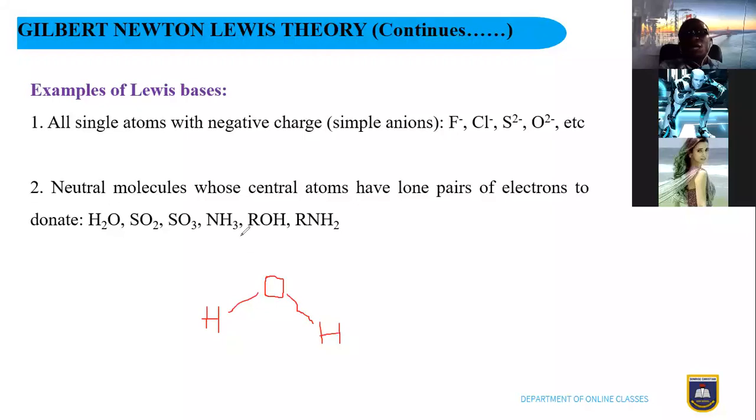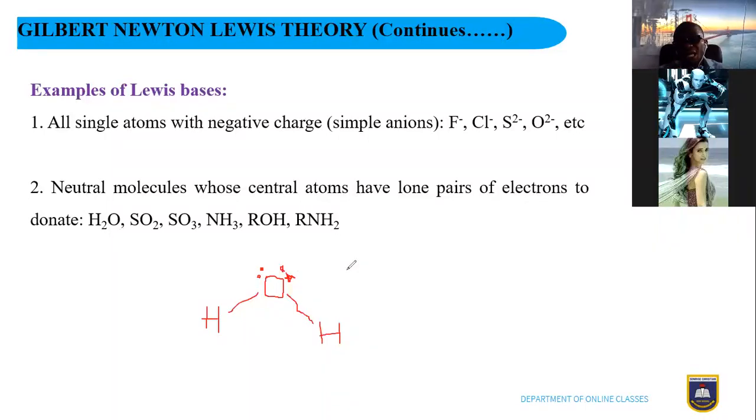And if you draw the structure well, you see that you have two lone pairs of electrons on the oxygen. You have one here, this is a pair of electrons. A pair is made up of two things. Then you have another one at this side. It's just two pairs on the oxygen in water.